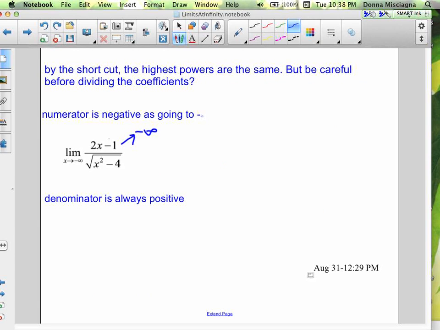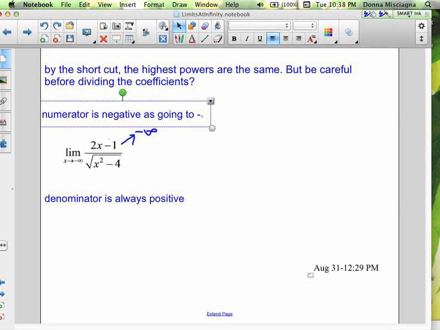I have no idea why. And our denominator is always positive no matter what. I'm not going to try and fix that, but there's a little tiny infinity sign there. I wrote it below as well.